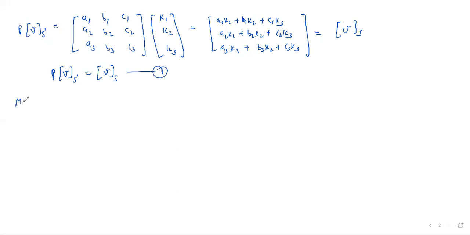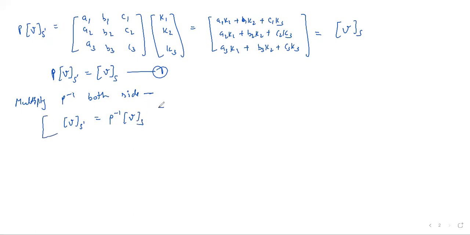If we multiply P inverse on both sides, we get v of S dash equals P inverse v of S.